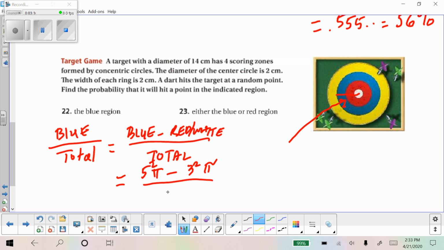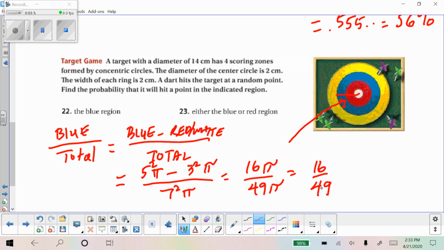And the total would be 7 squared pi. So 25 pi minus 9 pi, 25 minus 9 is 16 pi over 49 pi. So 16/49 would be your answer as a fraction.